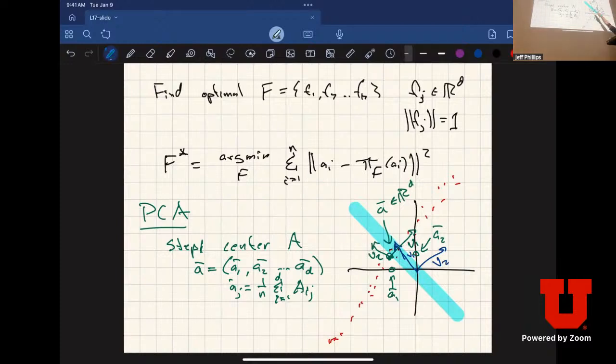So it's just the mean of all the data. Okay. And then I set AI tilde equals AI minus a bar. Okay, so I'm just subtracting the mean off from each of the data points.